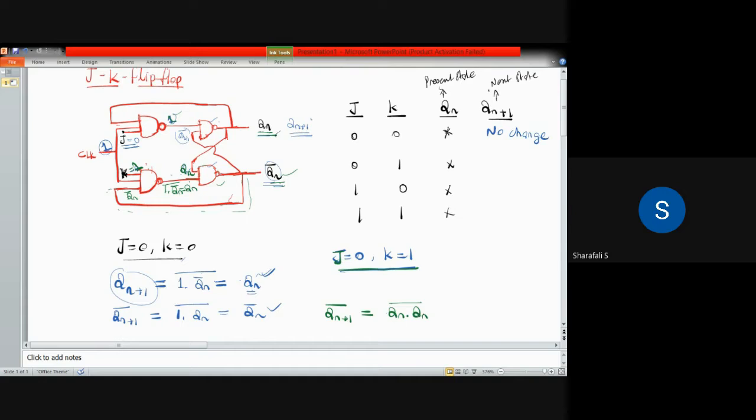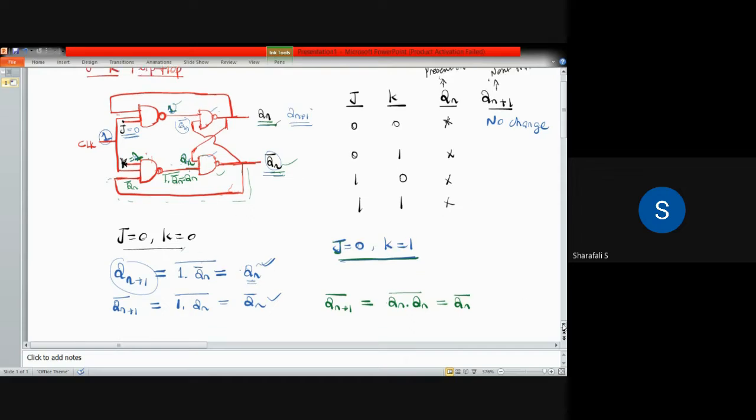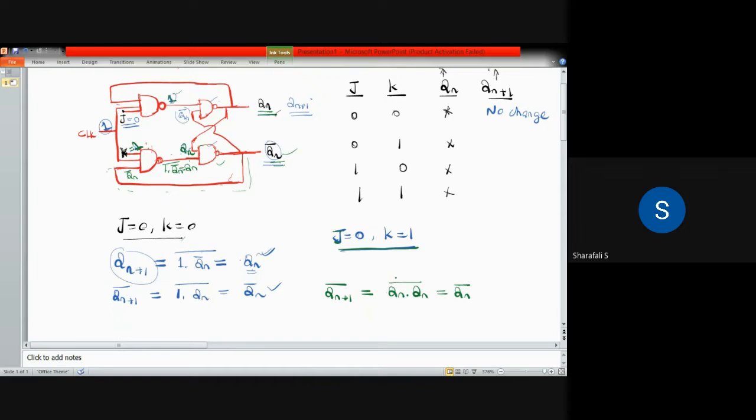You take the dot products here, then it will be Qn itself, and that will be Qn bar. Okay, so this is the first one. This will be coming.